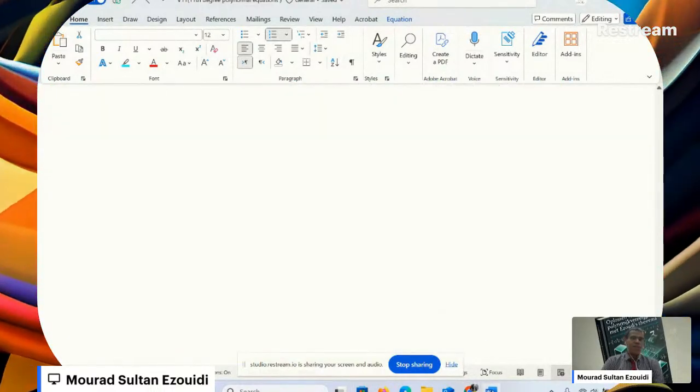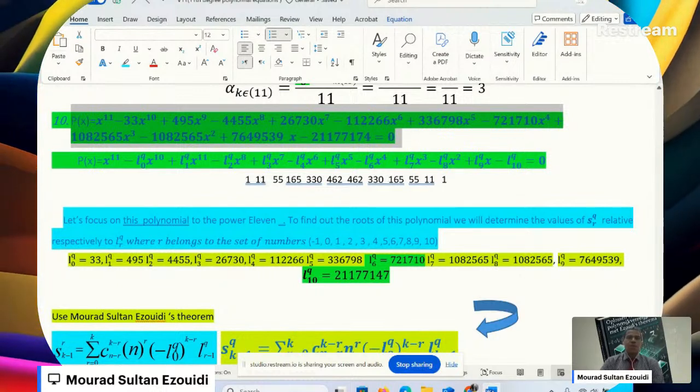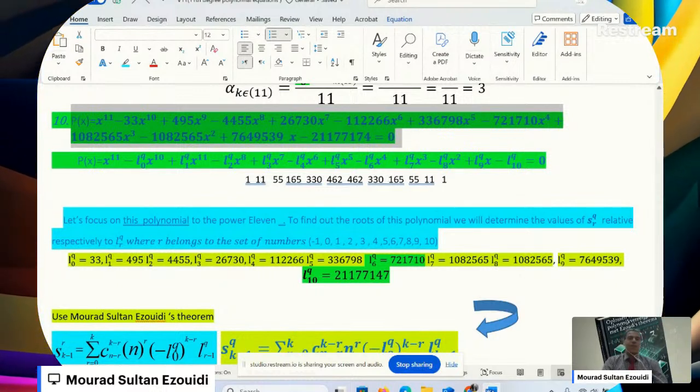You can see everything. Now, my kids, this is our polynomial of degree 11.